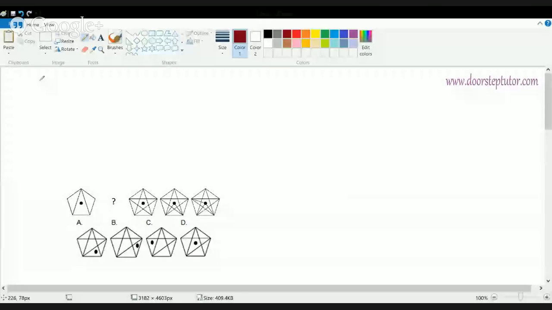So when we talk about finding missing numbers, we have various options. The first option here is addition of an element. The second is deletion of an object or an element. Third is rotation or moving an object.